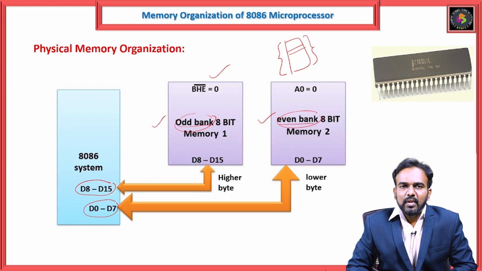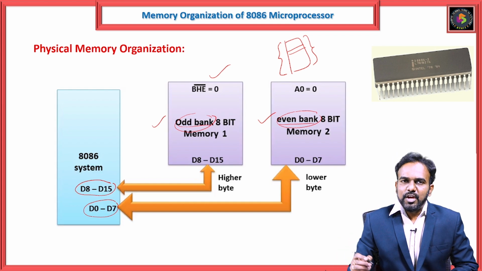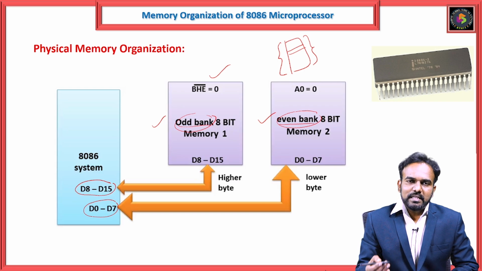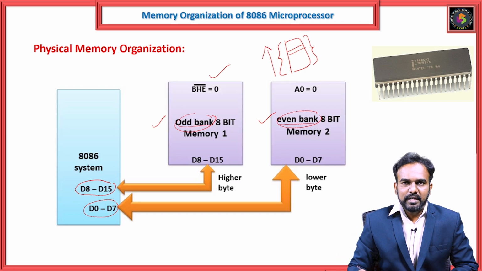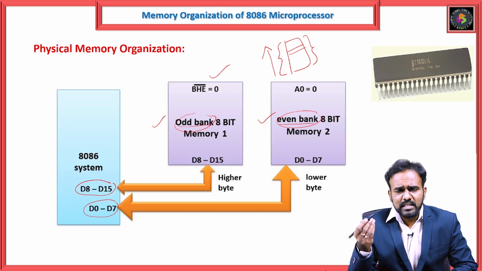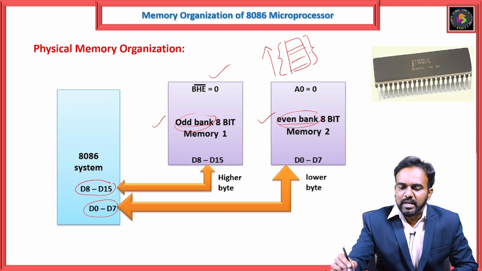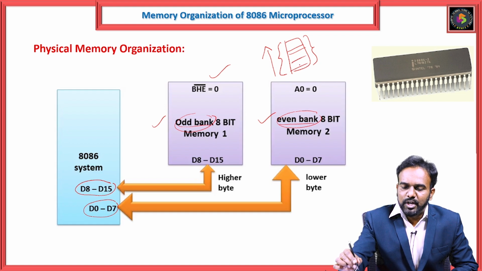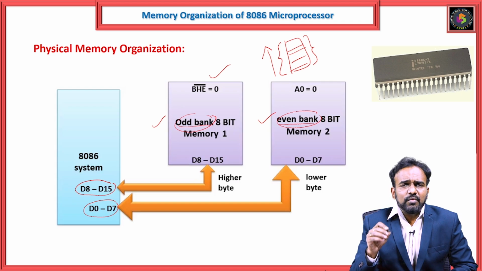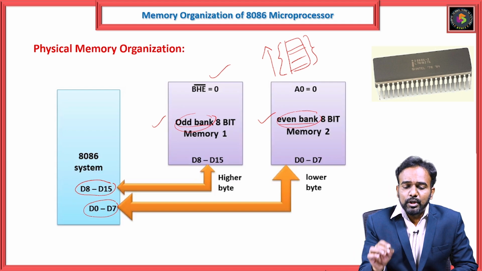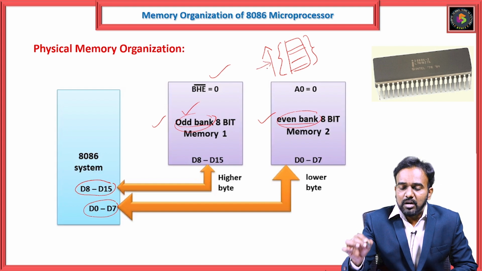Suppose we want to access the data from the total 1 MB memory space, and we are not organizing it into even bank and odd bank, it will take more time to access the data. Every time we access the data from the required memory location, it has to check each and every memory location, from 0, 1, 2, 3, 4, 5, and so on. If you want to check the data from the odd bank, it will check only the odd memory locations.